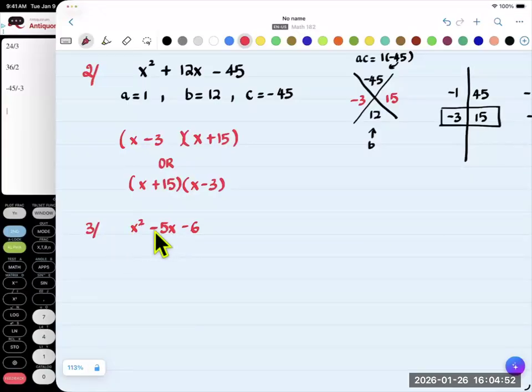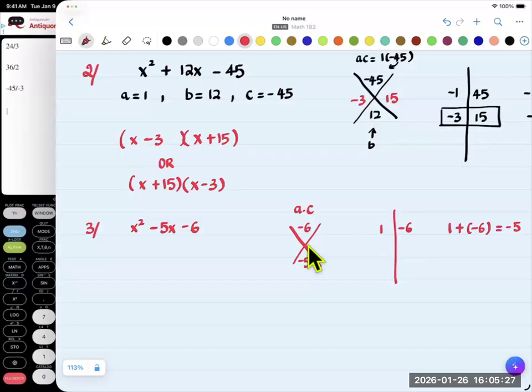I have x squared minus 5x minus 6. I'm gonna fill in AC. My a times c in this case will be -6 and my b will be -5. We need two numbers that multiply to give you -6 and add to give you -5. 1 times -6 gives you -6, and 1 plus -6 gives you -5.